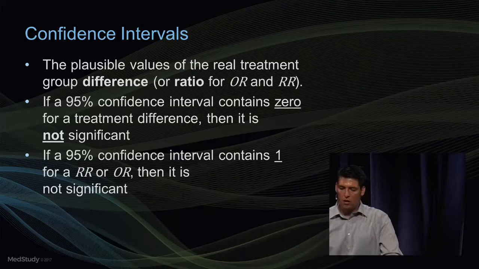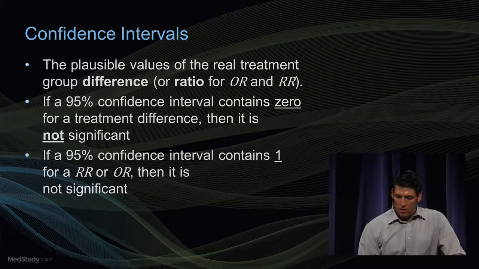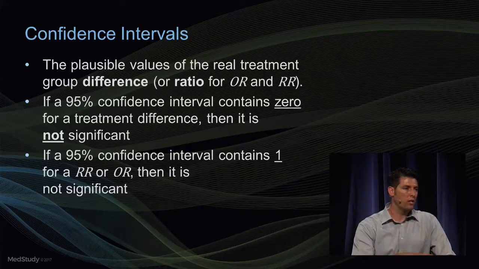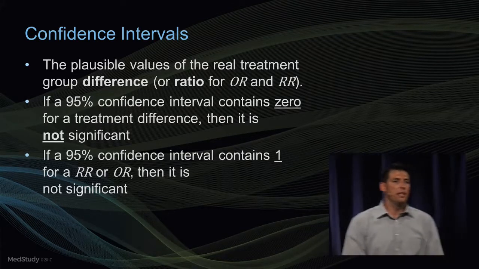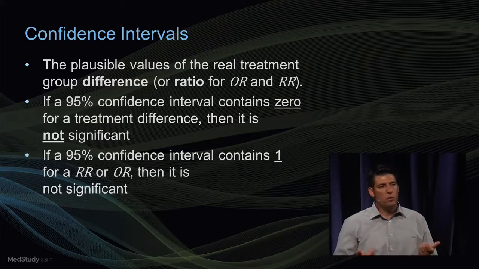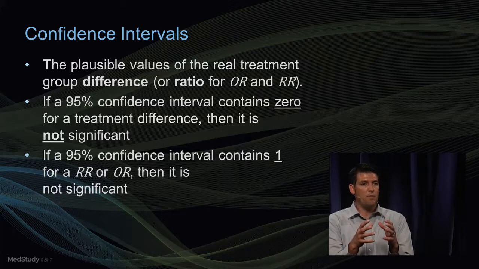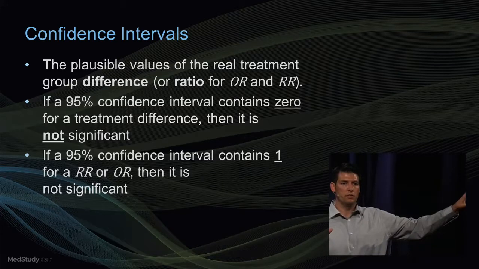Confidence intervals represent just plausible values that the real treatment group difference could assume, or if we're talking about odds ratios or risk ratios, that those ratios could assume. So, unfortunately, when I compute an odds ratio from a sample of people, what I'm trying to do is make a statement about that from the sample to a much larger population.